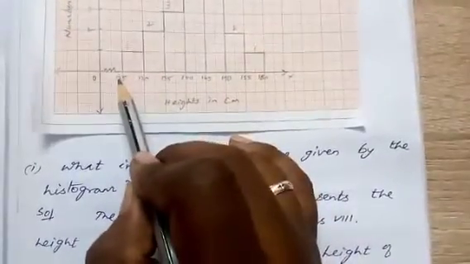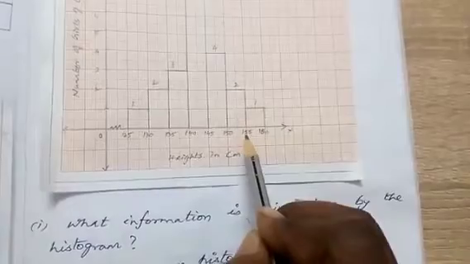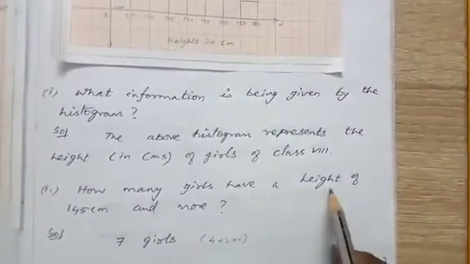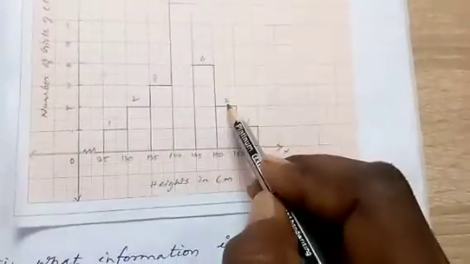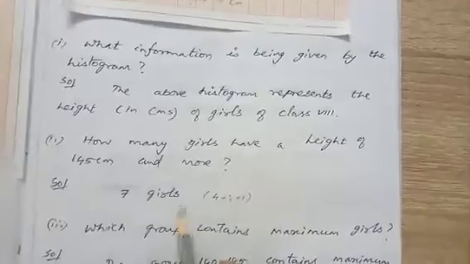Here 145 is 4 girls, and more: 4 plus 2 plus 1. 4 plus 2 is 6, 6 plus 1 is 7. So the total is 7 girls.